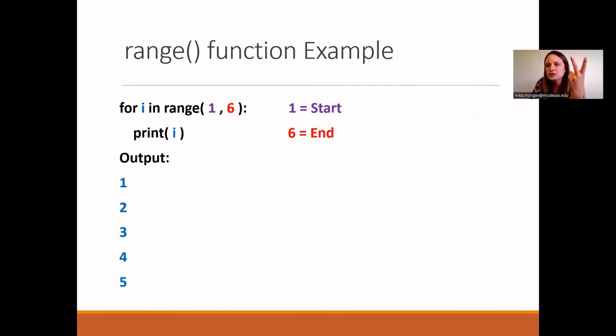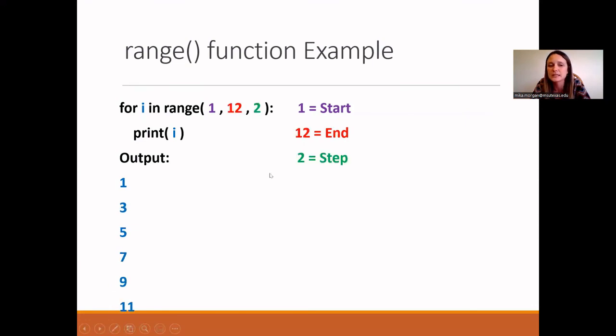If I said 1, 2, 3, 4, 5, 6, I would have run 6 times, but that's not what I wanted to do. 6 minus 1 is 5. I should have run 5 iterations. So be careful that you remember that this second number is not inclusive. Okay.